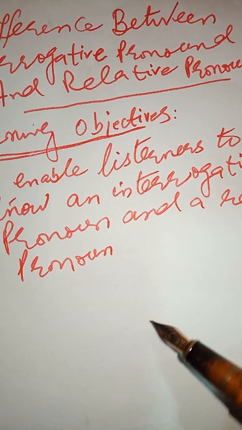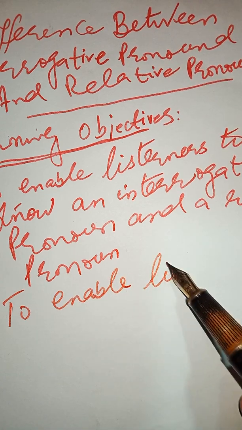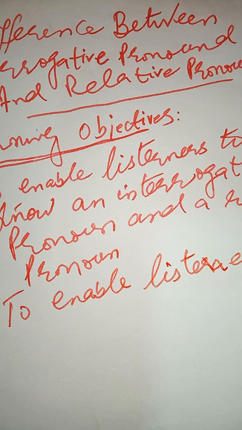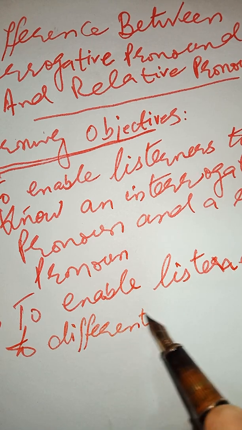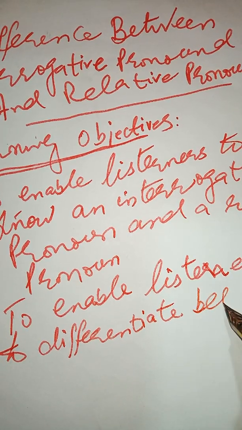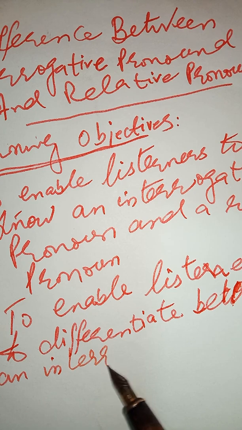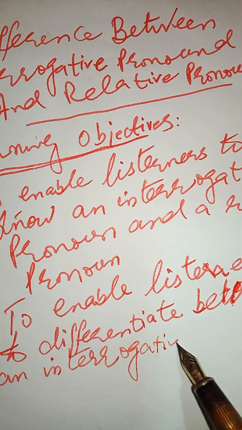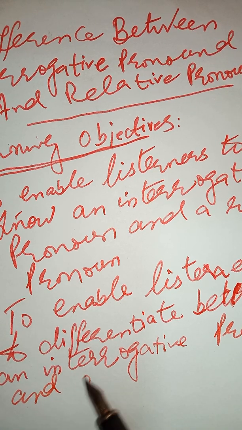Number 2, our second objective is to enable listeners, students, to differentiate, mean फर्क करना, to differentiate between an interrogative pronoun and a relative pronoun.